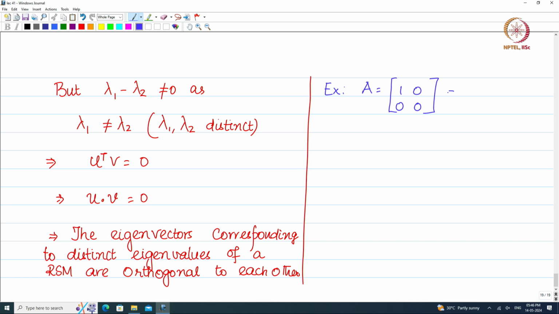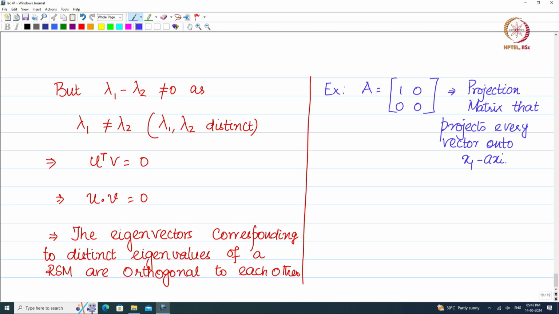Now, we see this is nothing but the projection matrix that projects every vector onto the x1 axis.